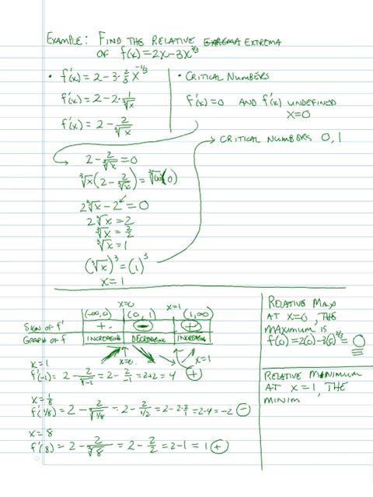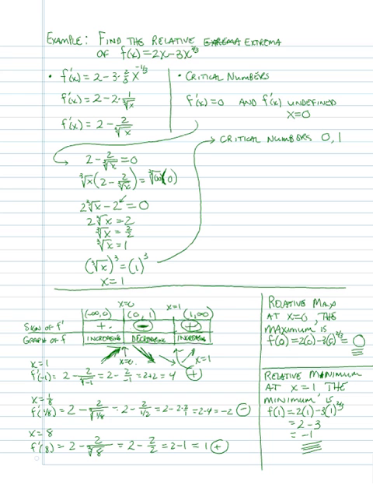The minimum is f of 1. So how do we calculate that? Well, let's put it into the function: 2 times 1 minus 3 times 1 to the power 2/3. Well, 2 times 1 is 2, and 1 to any power is 1, so it ends up being 2 minus 3, or negative 1. So the relative minimum is actually the value negative 1.